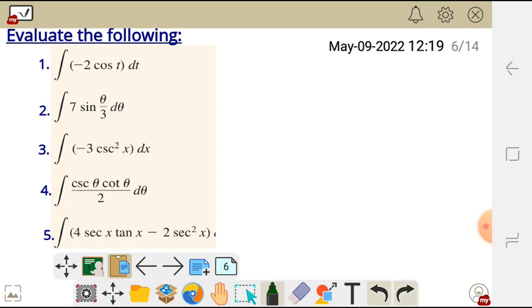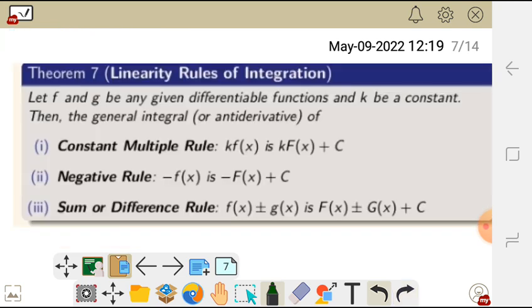So let's start by evaluating the first one. To solve this one, we need to know the linearity rules of integration, like the constant multiple rule, which says if you have a constant and a function, you simply integrate the function and leave out the constant, plus c.